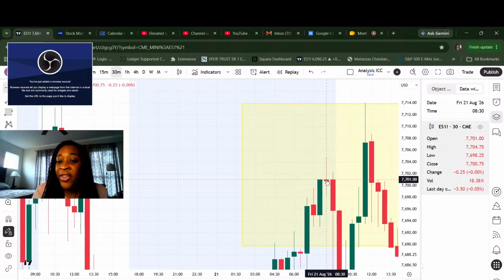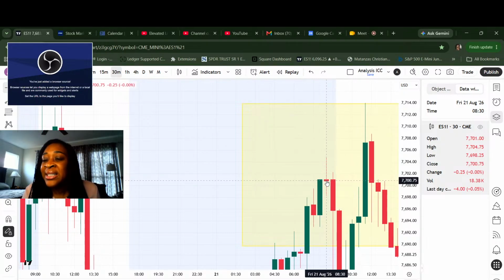It happened at 8:30. It went up. If you see my little box all the way to the far right, you see little numbers in this box, and it shows you the high. I'm going to touch that candle, and it's going to show you what the high was. You see it says the high 7,704.75.